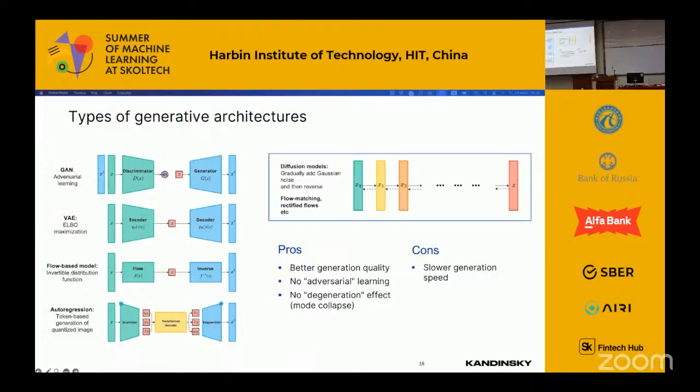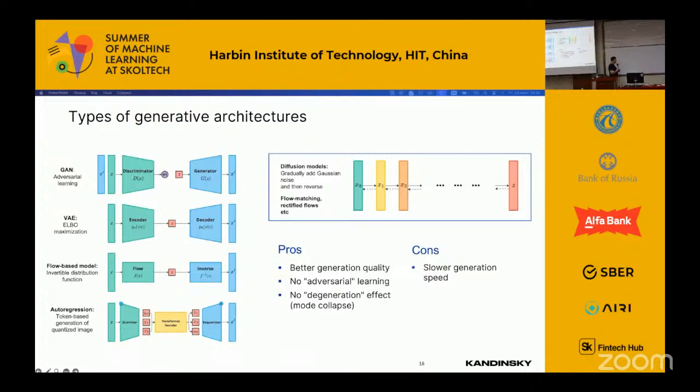in Transfusion, and I think ChatGPT for image generation, and of course diffusion. Diffusion now is the state of the art, despite that some good architectures are autoregressive.